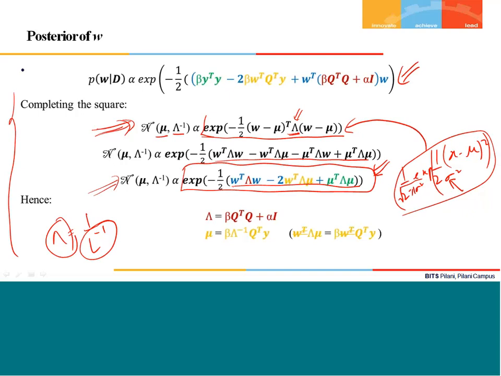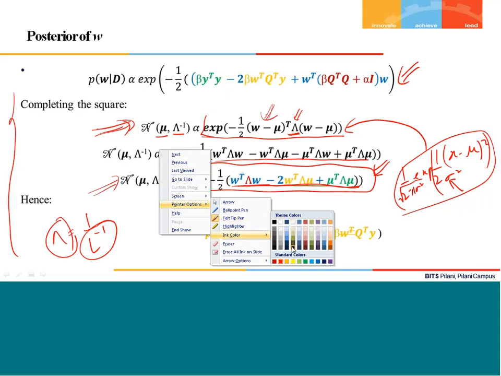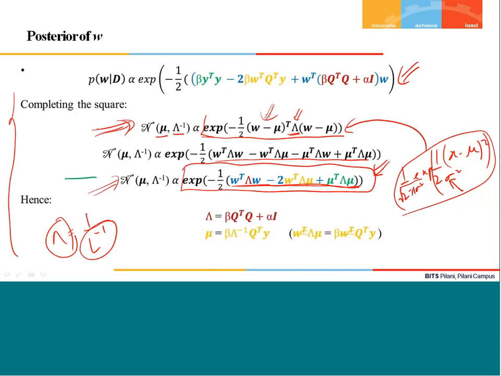We have proved it: we started with the density function and came up to this stage. Now let's match this expression with this expression. We get some constant term here. This is a constant term here.